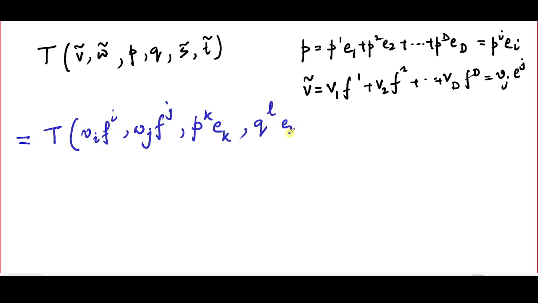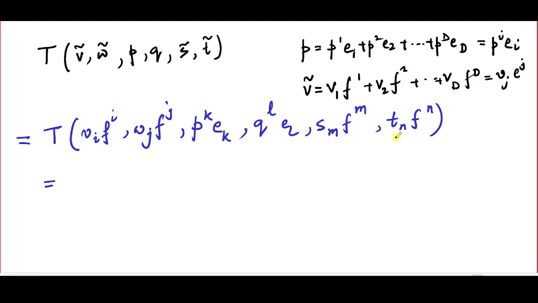Q, L, E, L. Then we have S, M, Fm, and T, N, Fn. Now comes the important part. Each of these arguments has been written as a linear combination.